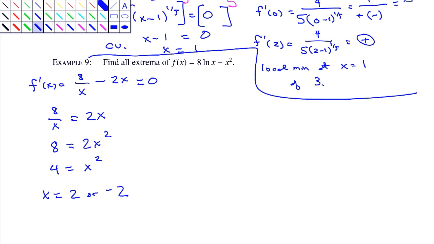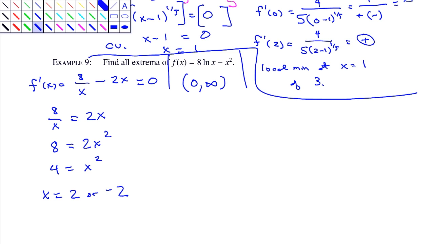Now, one of the rules about critical values is that they have to be in the domain of the original function. So let's look at the original function, 8 natural log of x minus x squared. What is the restricted domain for the natural log function? 0 to infinity, open at 0.